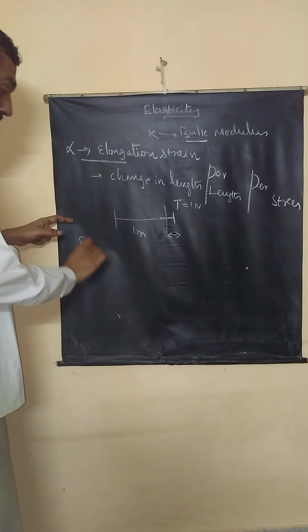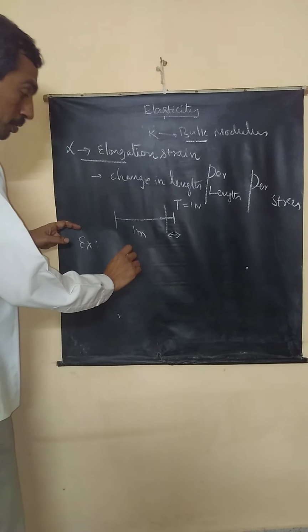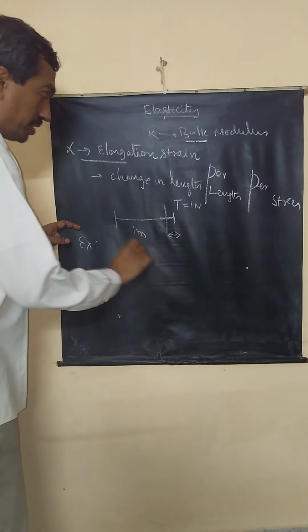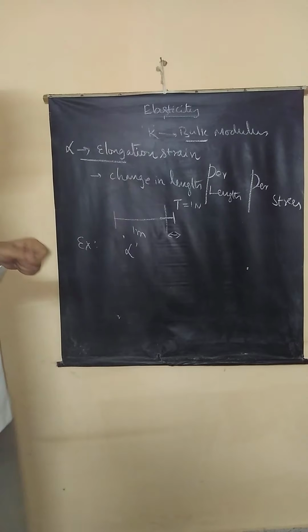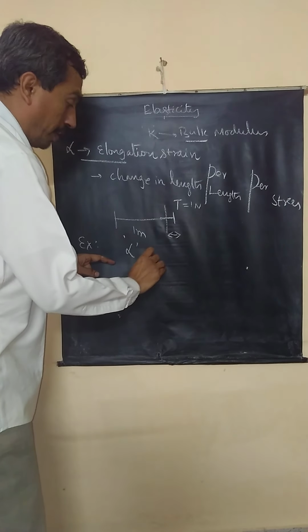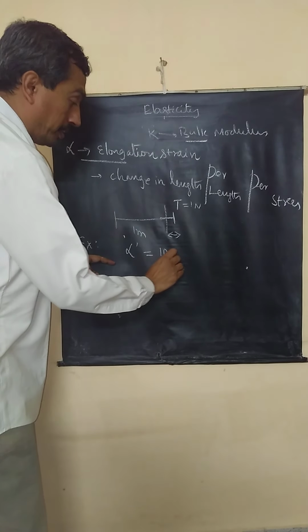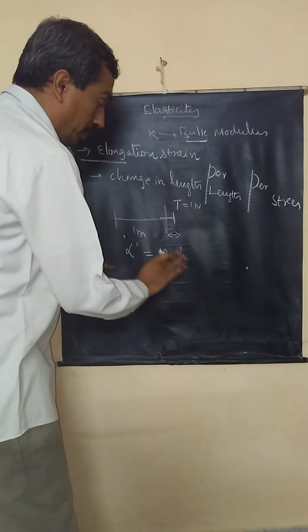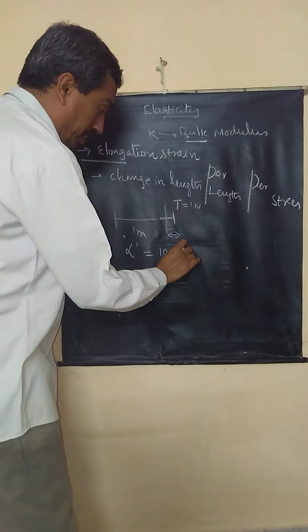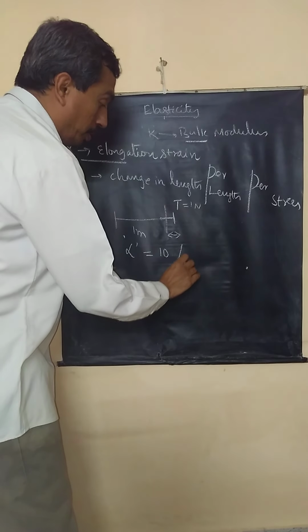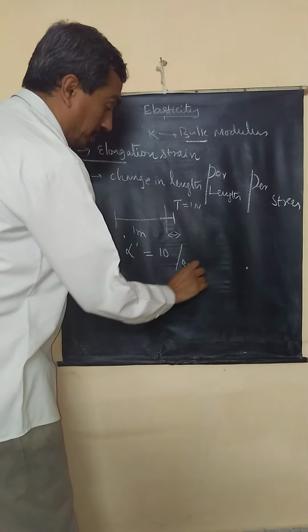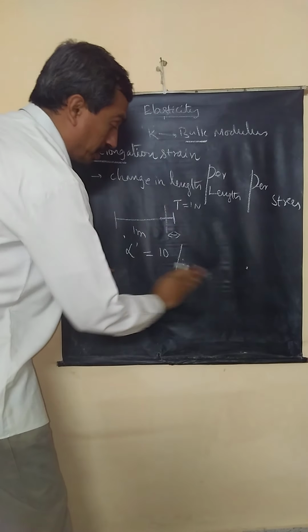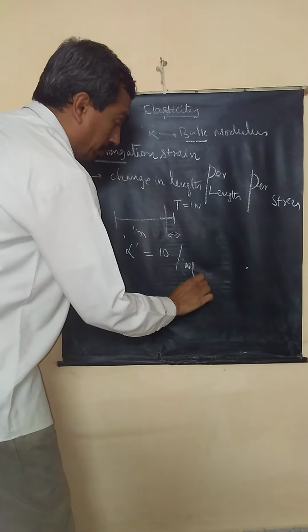For example, suppose alpha is the elongation strain, alpha is equal to 10 meters per unit length per unit stress. The unit of stress is Newton per meter square.